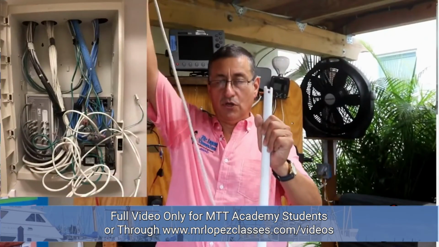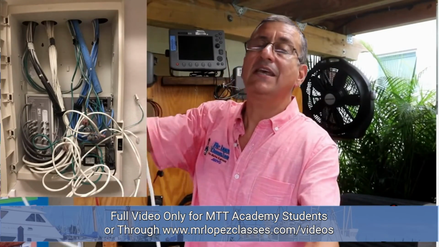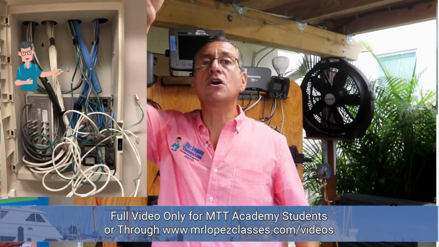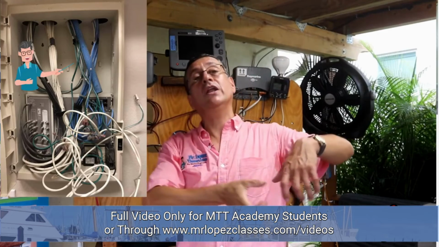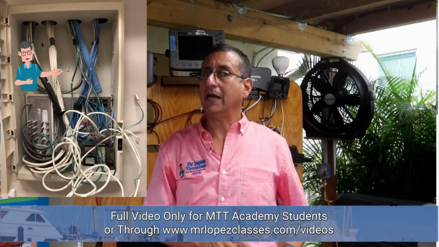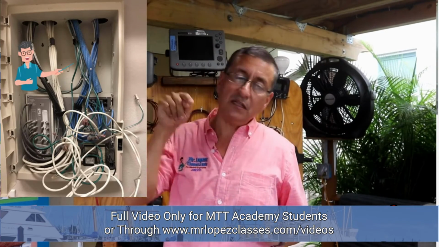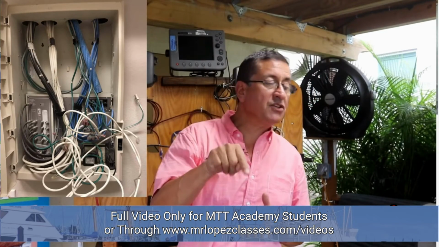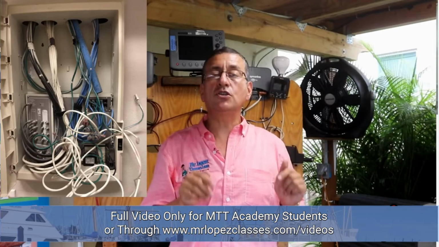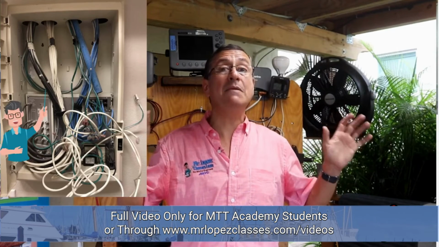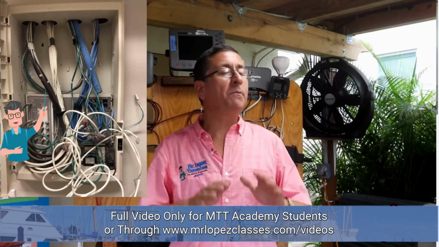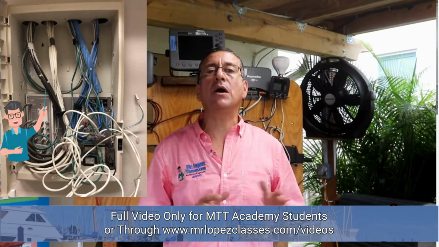The antenna cable should be routed separated from lightning conductors. You remember the lightning conductor connected to the lightning plate? Okay. That conductor should be separated from the VHF cables. And the VHF cables should also be separated from the AC power cables, completely separated from the AC power cables.